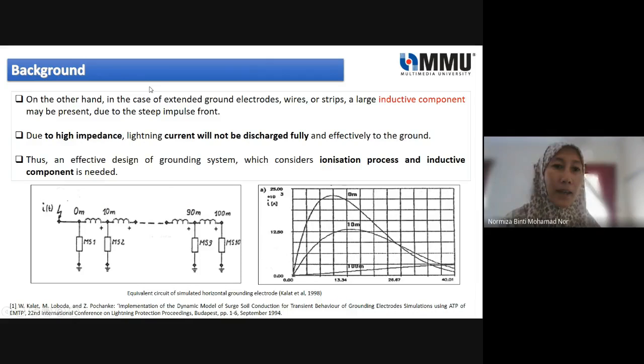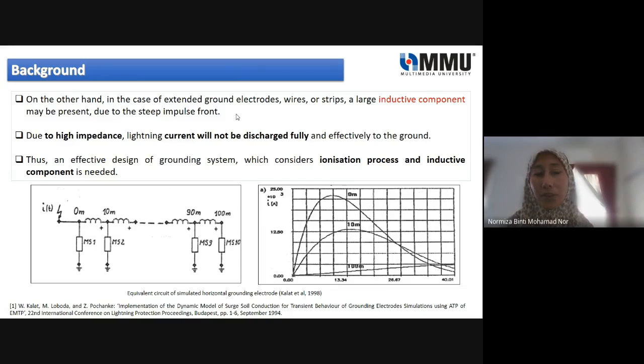On the other hand, in the case of extended ground electrodes, or in other words, when we extend the ground electrode to achieve the required value, we would expect a large inductive component to be present, because under lightning we would expect megahertz, or microsecond time response.